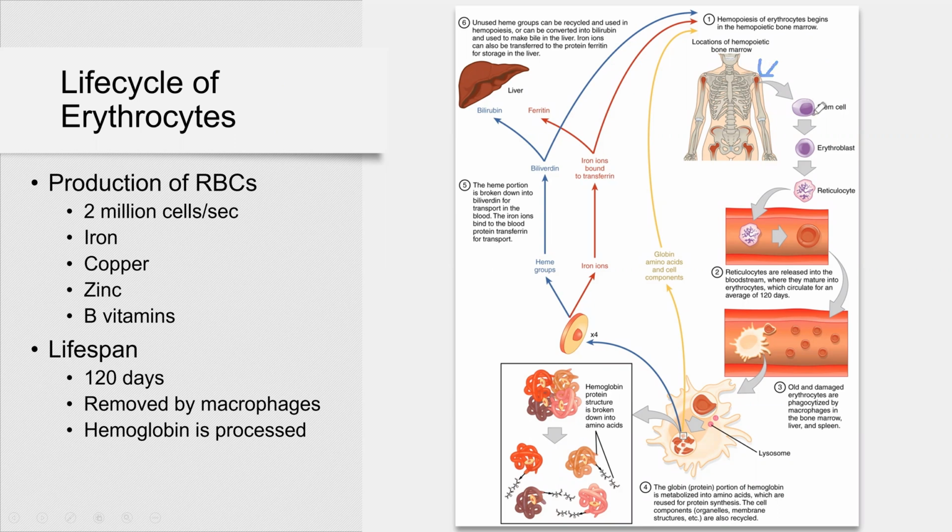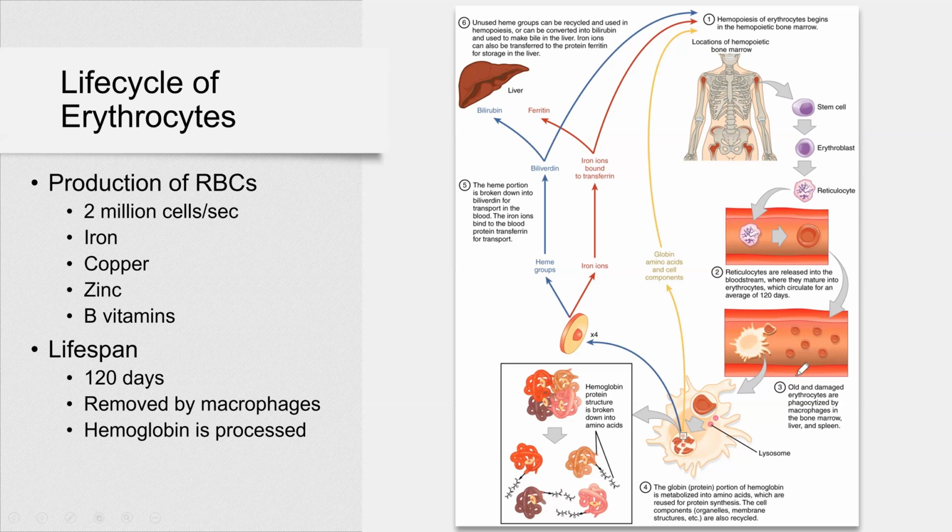So in the bone marrow, we have stem cells, and then they will differentiate into myeloid stem cells, then several processes, and we get erythroblast, and then reticulocyte. Reticulocytes are released into the bloodstream, where they mature into erythrocytes, and erythrocytes circulate for an average of 120 days, or 4 months.